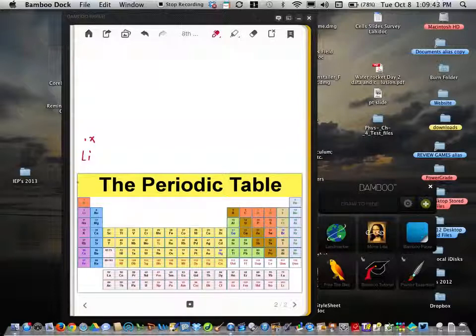So this element here could either get an electron or give up an electron to fill the outer energy level. It turns out that it's easier to get rid of this electron than it is to gain another one.